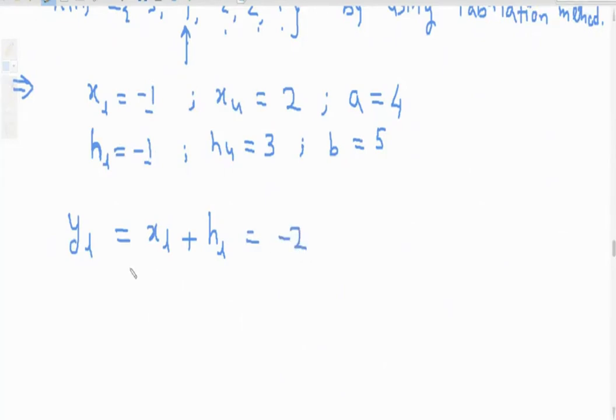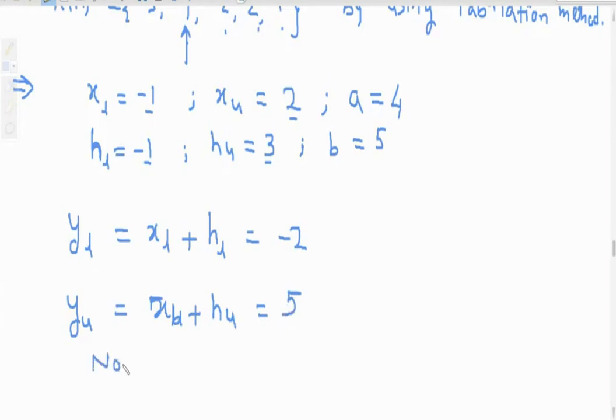Now the upper limit of y of n, yu, equal to the upper limit of x of n plus the upper limit of h of n, that means xu plus hu, 2 plus 3, which is 5.